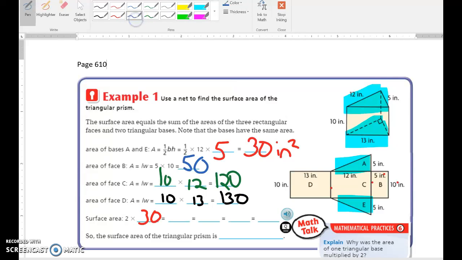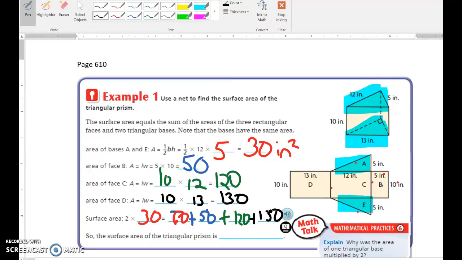And then what we have to do is make sure we start with our 60 for the two triangles, and then we move on to our 50 for face B. And I think this should have pluses instead of equals signs. 60 plus 50. I don't know if your book is messed up, but mine is. Plus 120, and then plus 130.